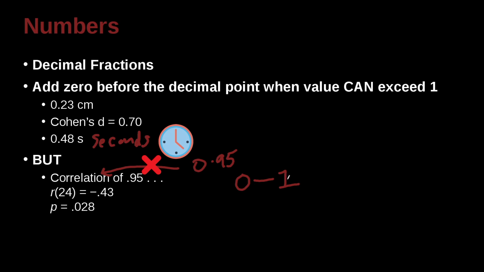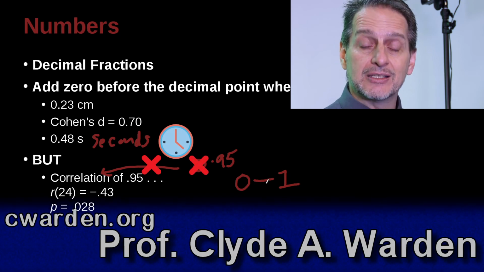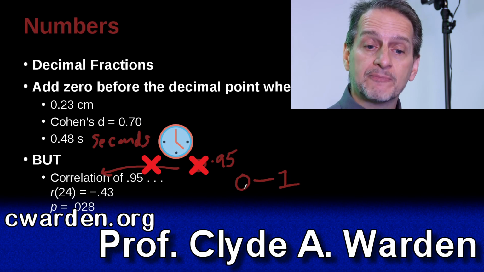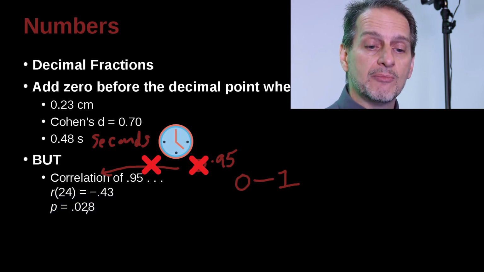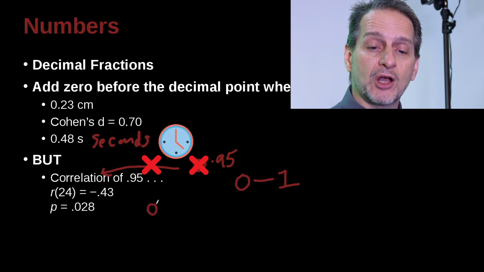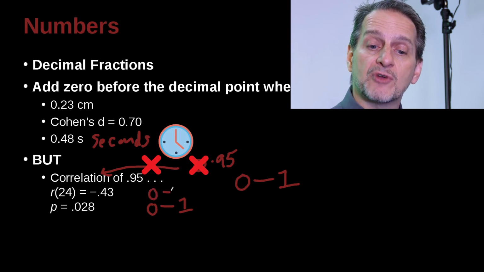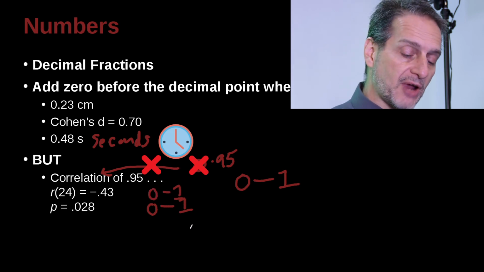And if it cannot be bigger than 1, then you cannot add the 0. So in this case, it would be no 0 at the beginning. The same is true for an r value or a p value, because p can only range from 0 to 1, and r also can only range from 0 to 1. So you never use the 0 in front of the fraction.